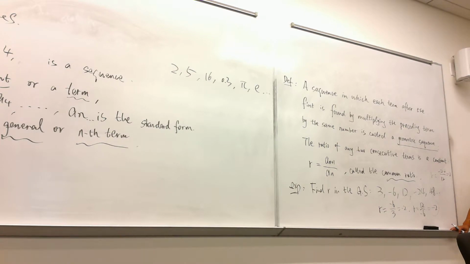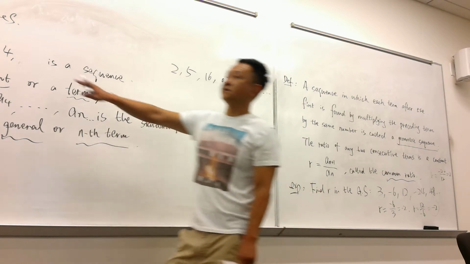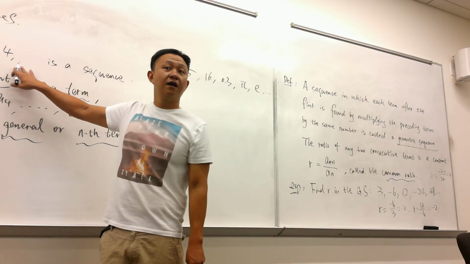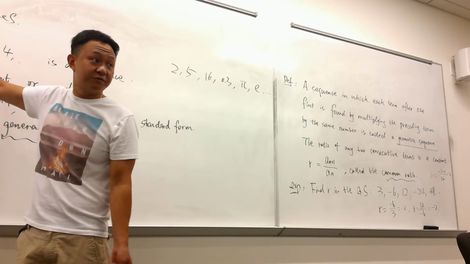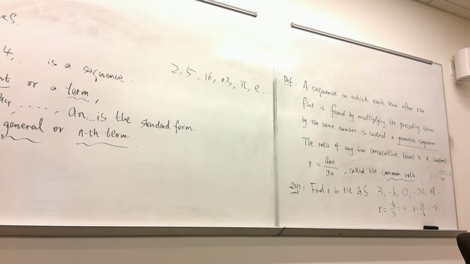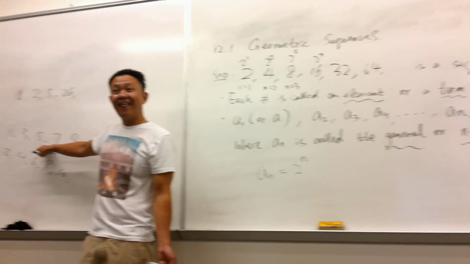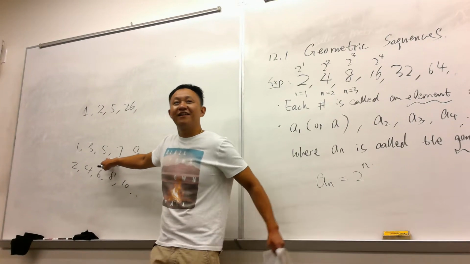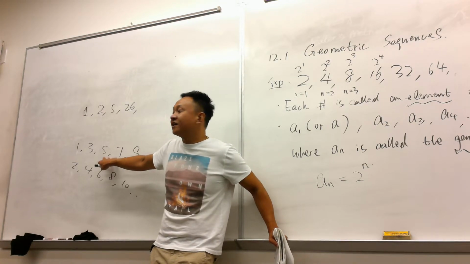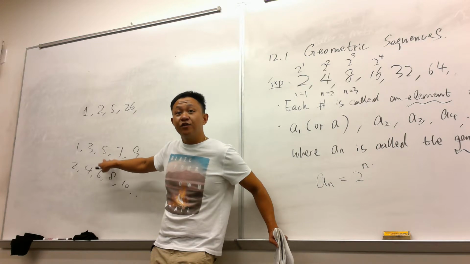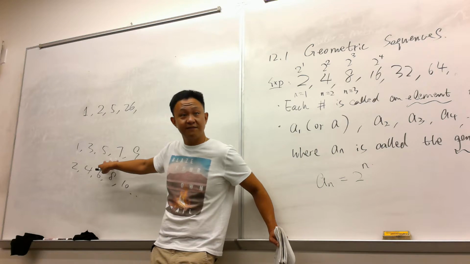Okay, cool? So what's the common ratio in this sequence? What's the r in this sequence? 2. You can use any term divided by the previous one. And what's the common ratio in this sequence? Plus 2? Ratio has nothing to do with plus. You should say there's no common ratio in this sequence because it's not a geometric sequence.